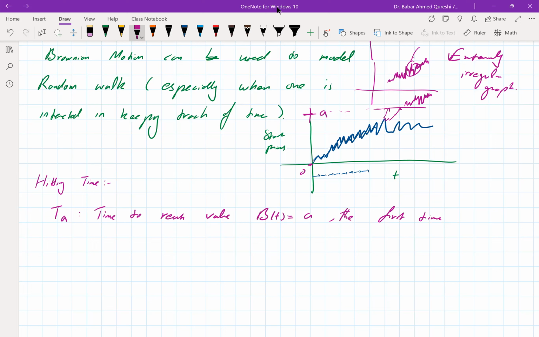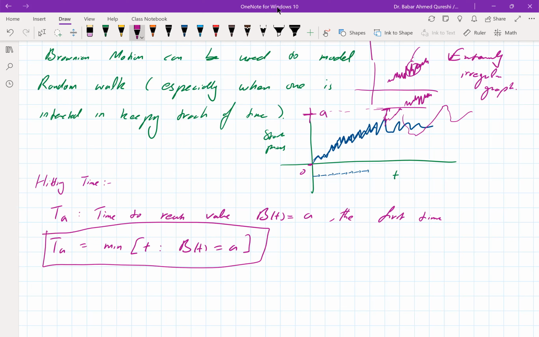So you can hit here, come back and hit again. You're not interested in that. You are asking when do you hit it the first time. So one can write it like the minimum of these t's so that B(t) is equal to A. So that's the hitting time.